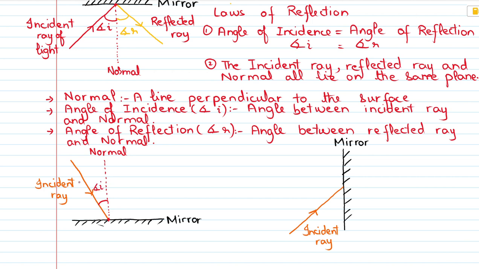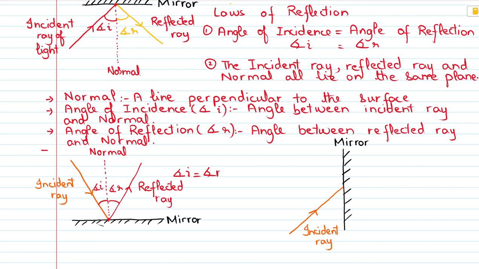So angle of incidence is the angle between the incident ray and this normal line. So based on this information, this is going to be the reflected ray. And you can see that the angle of incidence and the angle of reflection, they must be equal.